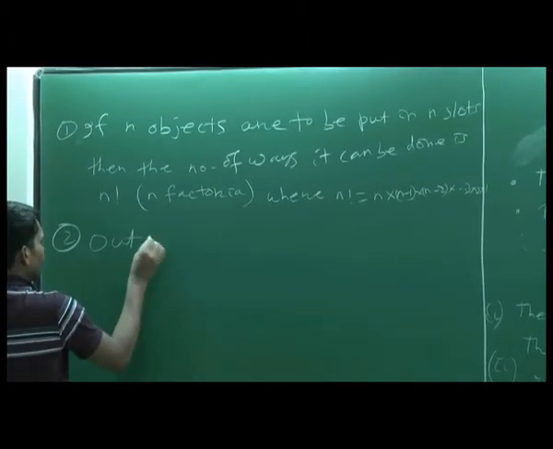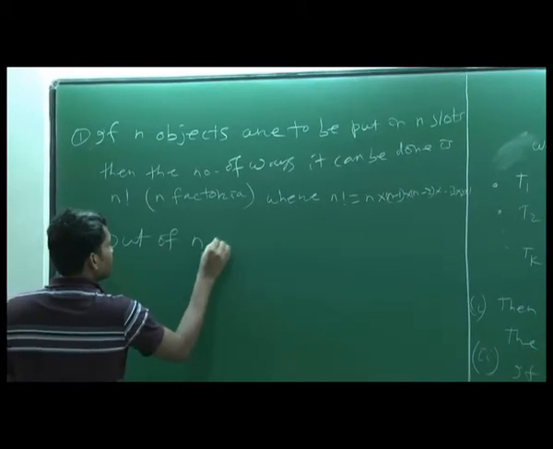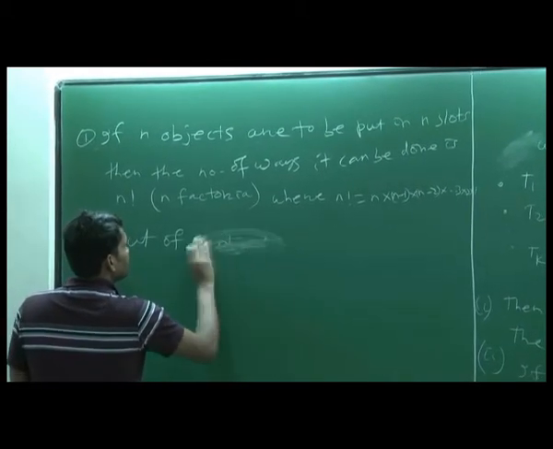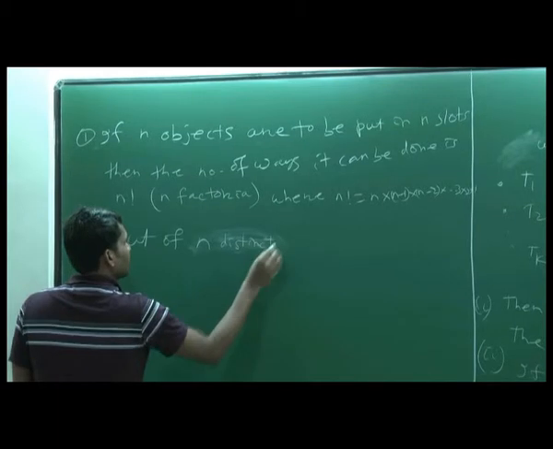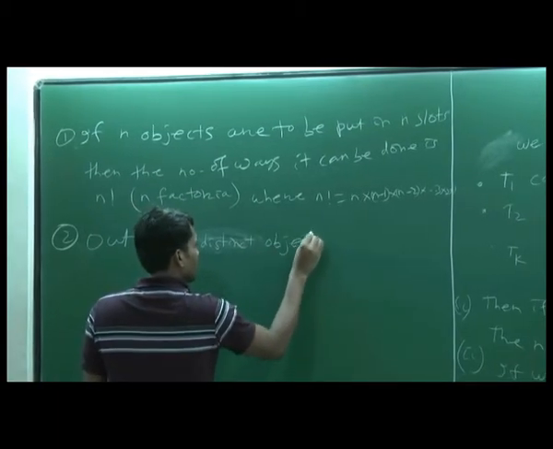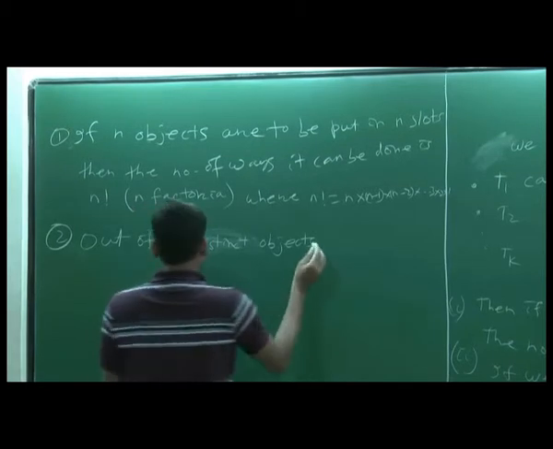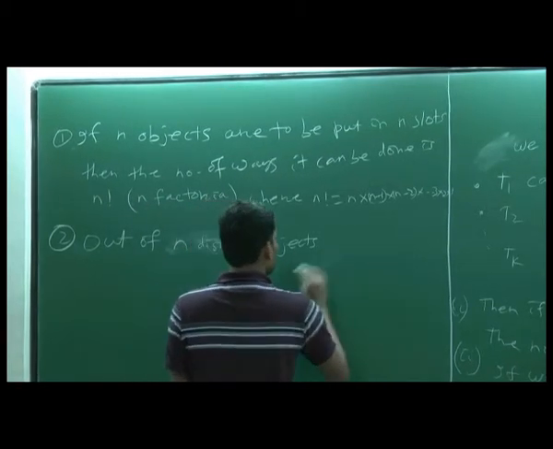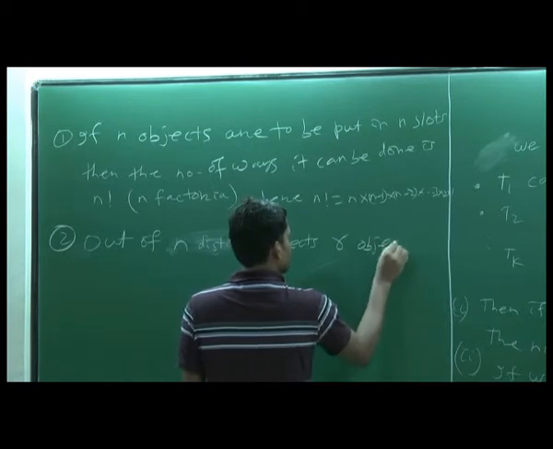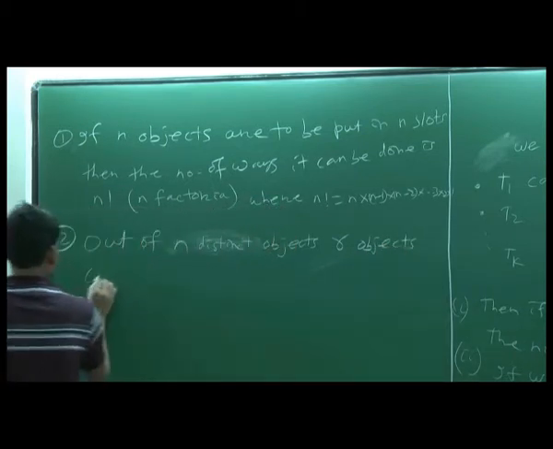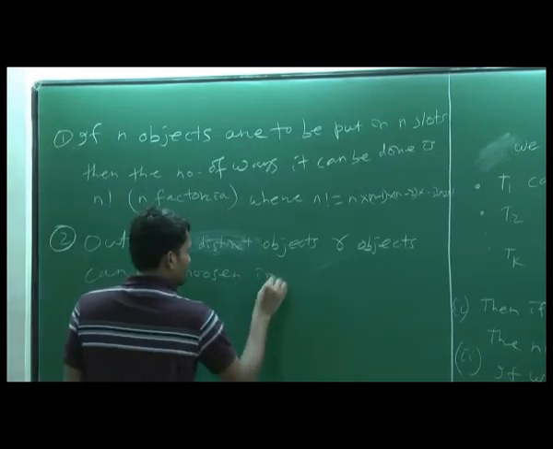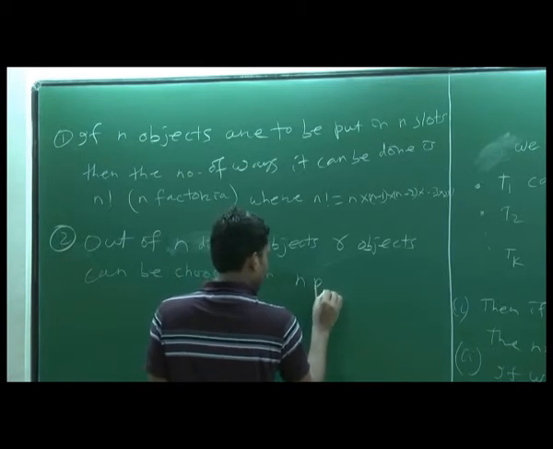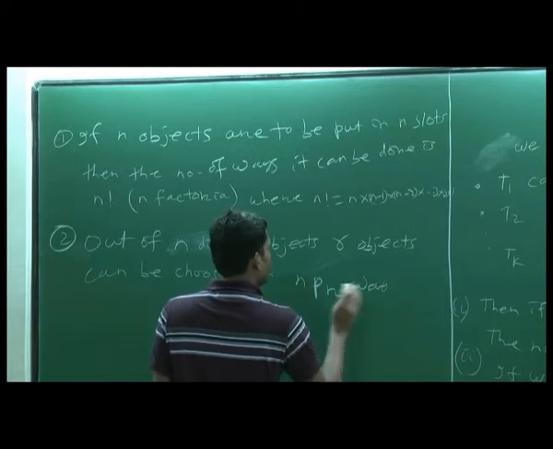Out of n distinct objects, r objects can be chosen in nPr ways. nPr means n permutation r.